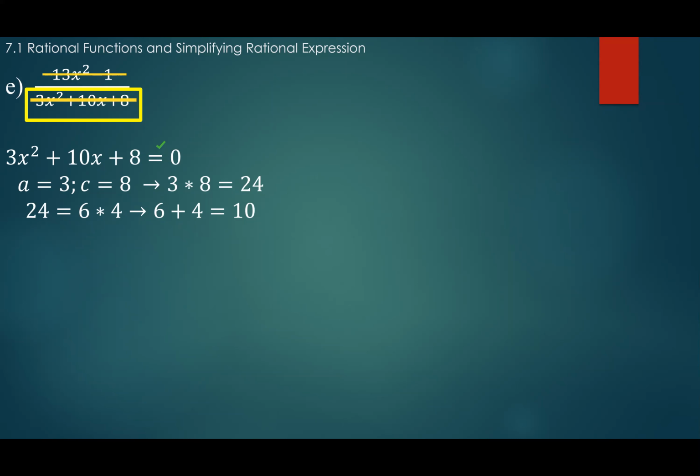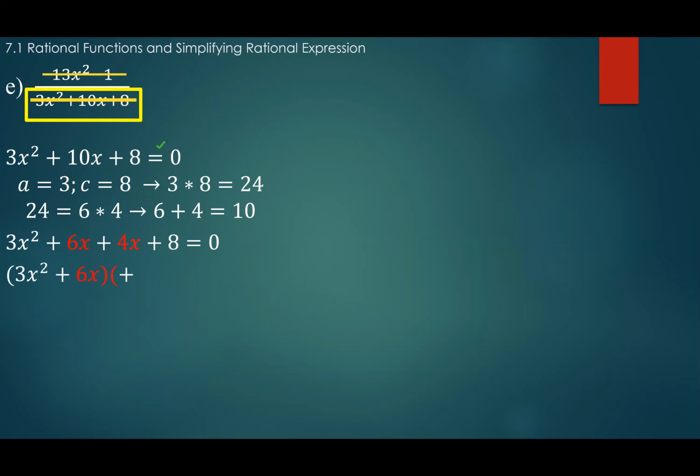So what do I need to do? Instead of writing 10x, I put in the 6x and the 4x, because 6x plus 4x equals 10x. After you rewrite the problem, you need to group them up.